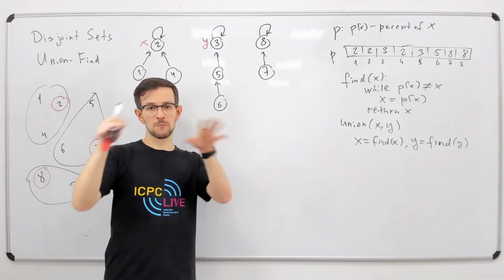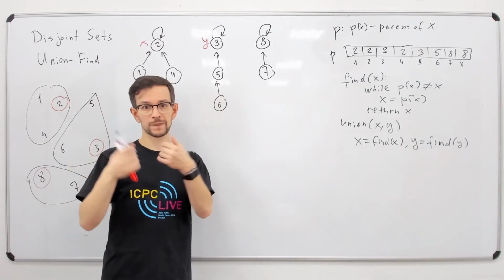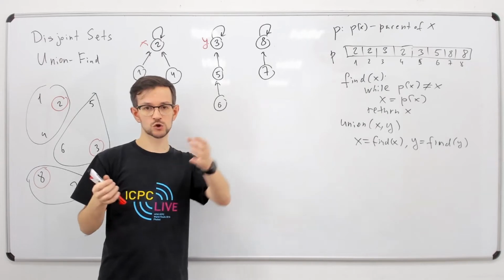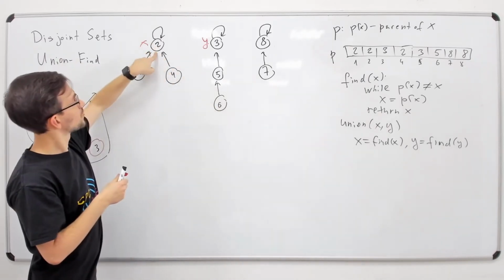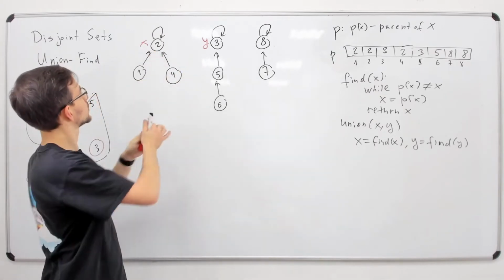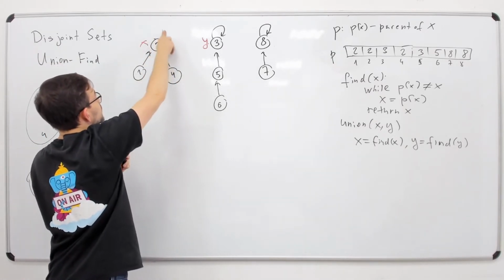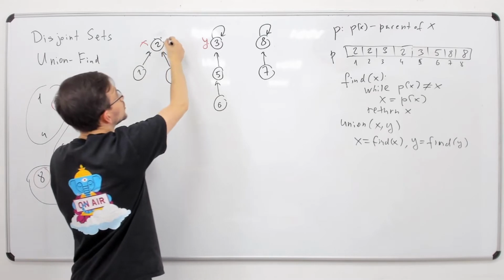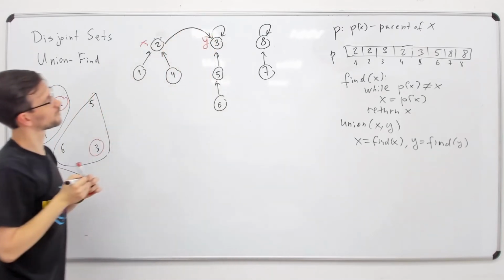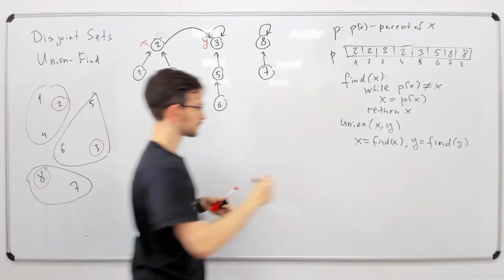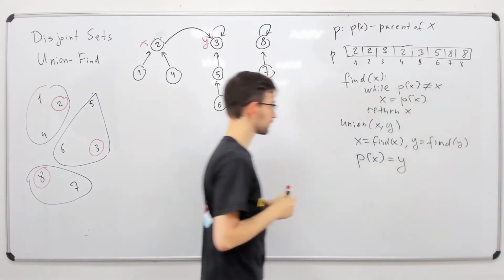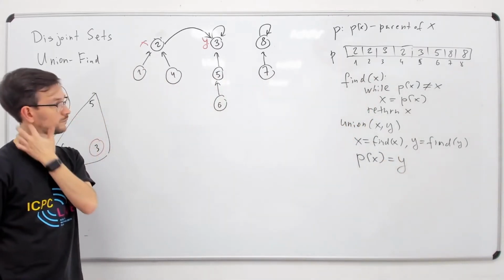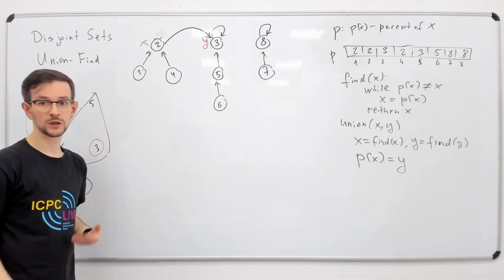And now we need to combine two trees into one. The simplest way to do this is just to make a pointer from one root to another root. So we'll just move this pointer from x to y. That's all.